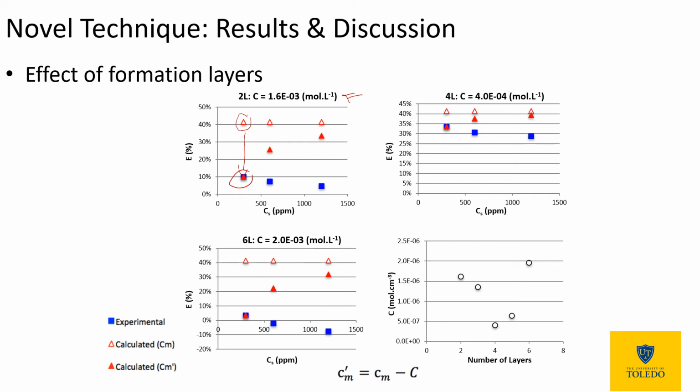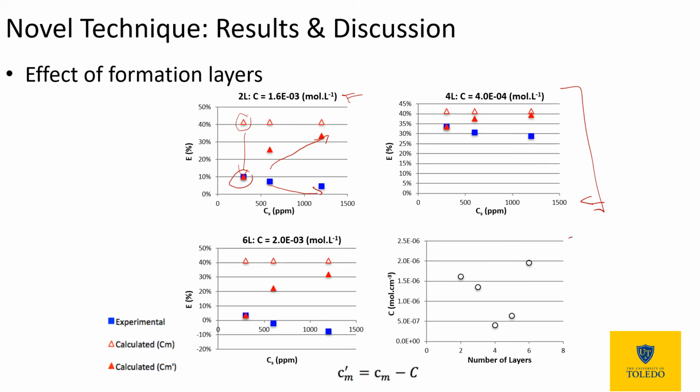Doing that does bring the points closer, but you can see that as you increase the salt concentration, the predicted enrichment, according to the Donnan equilibrium, continues to increase, while the experimental enrichment tends to decrease, and that's true in all cases. If you compare the 2, 4, and 6-layer membranes, the 4-layer membrane gave the highest overall enrichment experimentally and had the least variation with the salt concentration in the feed solution, as shown here.